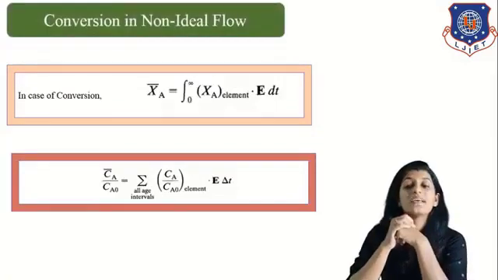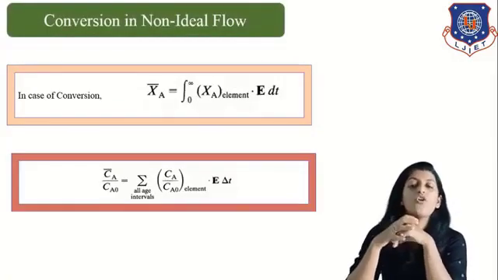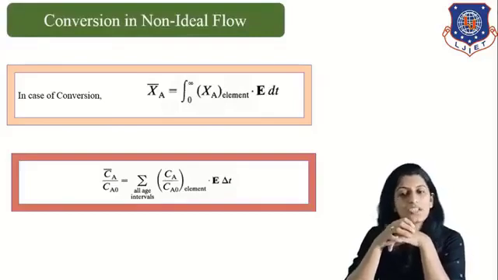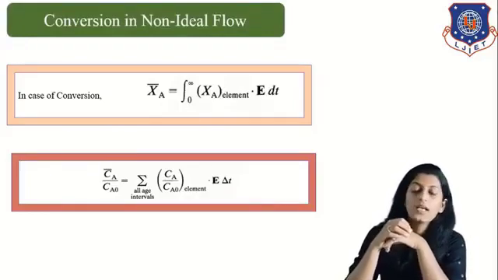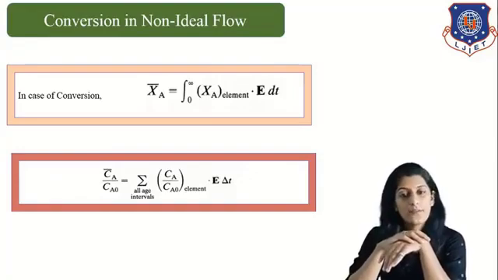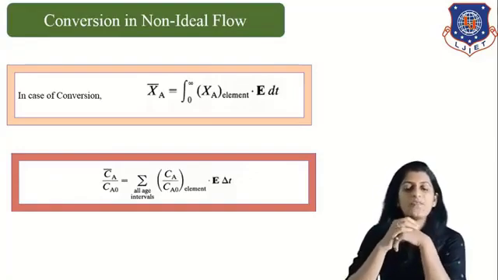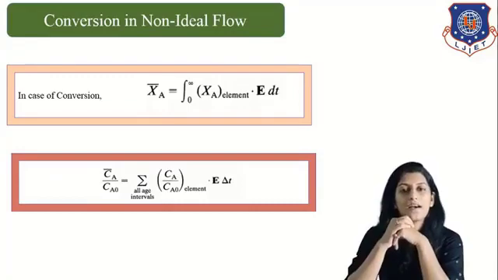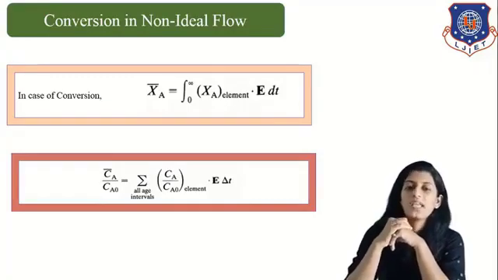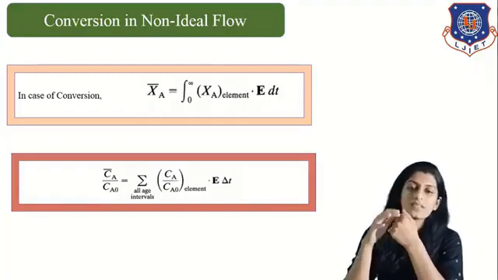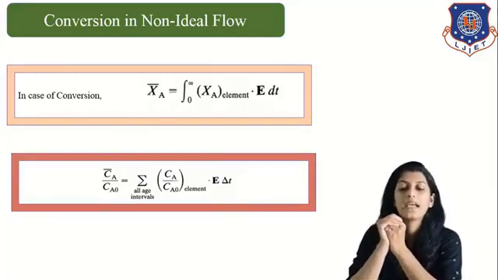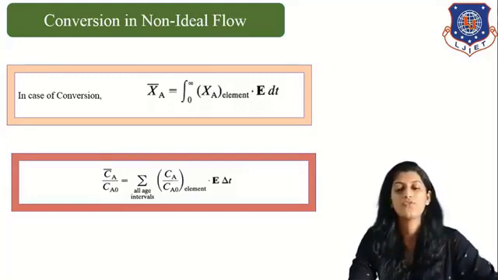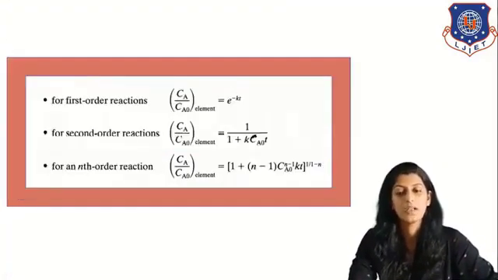If we want to determine it in terms of conversion, we can use the formula X̄A equals the integral from 0 to infinity of XA, which is the conversion of reactant A, times E, the exit age distribution, times dt, which is our time. Correct? Or we can write it in this form, where dt is replaced by delta t, a small time interval.